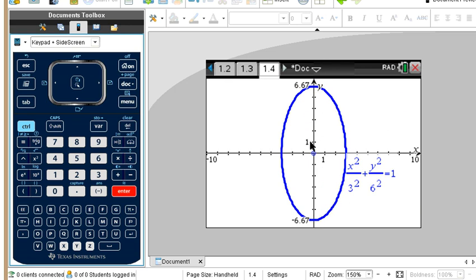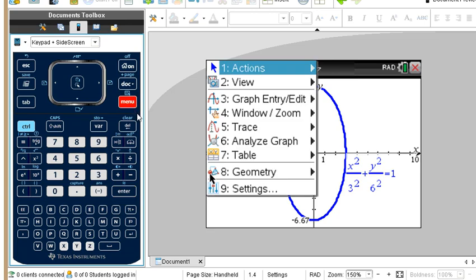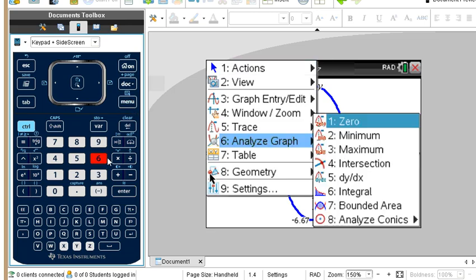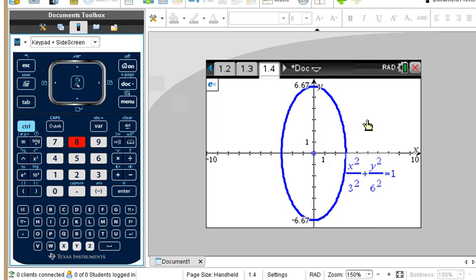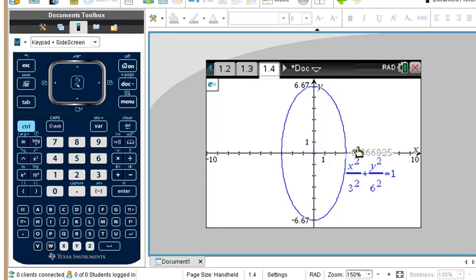From the bottom here, -6 to +6, that's 12. And we check for eccentricity by going to Analyze Graph, and then 8, Analyze Conics, and finally we check 8, Eccentricity, and we click on here, we get an eccentricity of 0.866. Well, let's check that out.